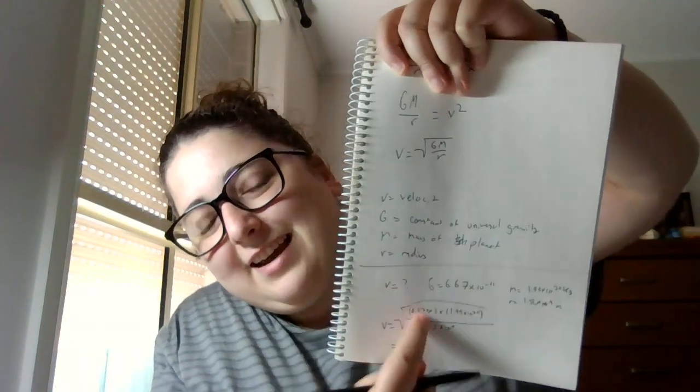You can stick this whole thing into your calculator as is with brackets. Don't forget the brackets, and make sure your calculator is in degrees. Not that we're using angles at the moment, but double check. And your final velocity should be 2.97 times 10 to the 4 meters per second. That's very fast.